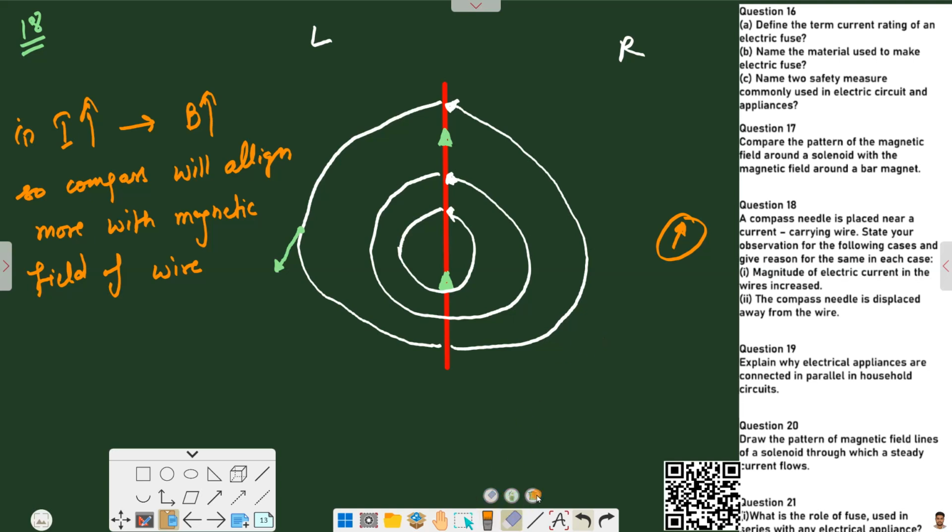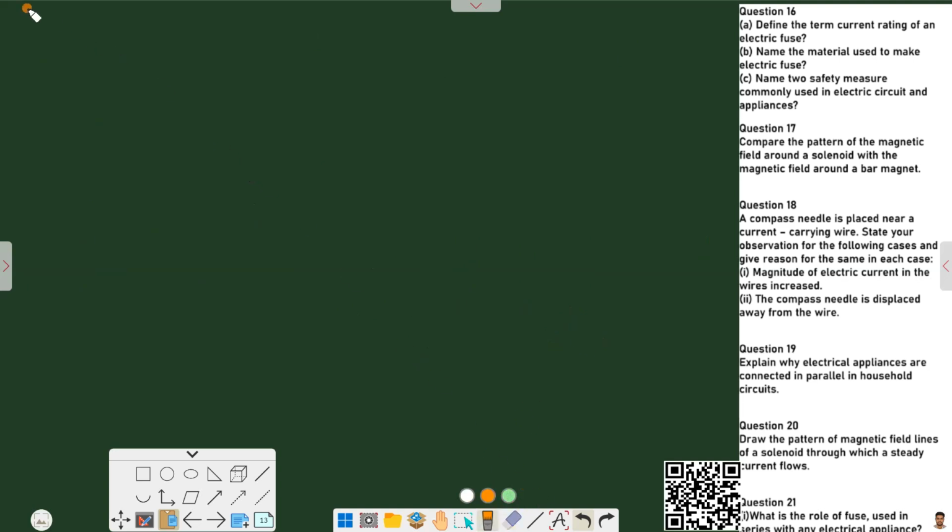Let us move to question number 19. In question number 19, explain why electrical appliances are connected in parallel in households and why it is done.